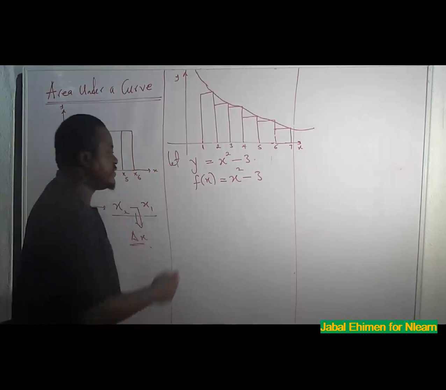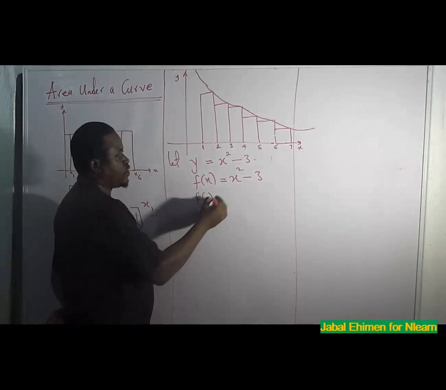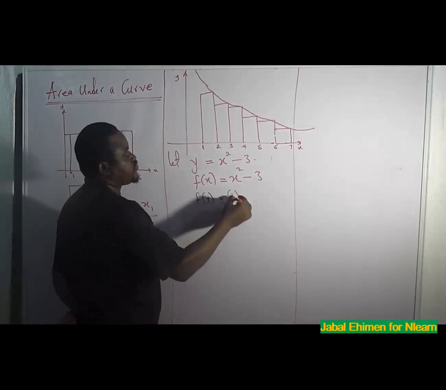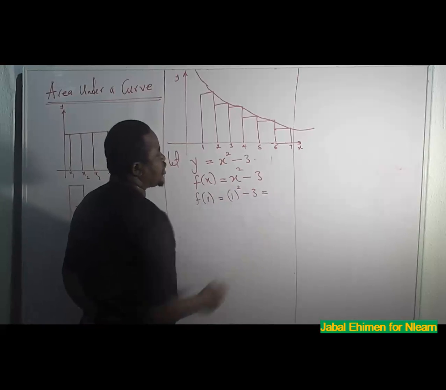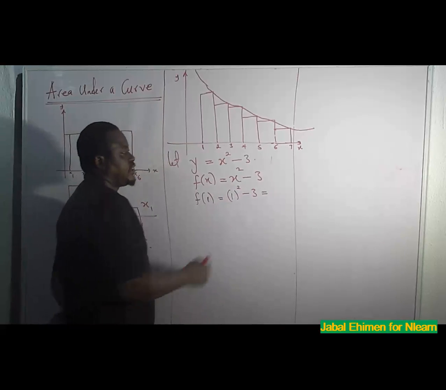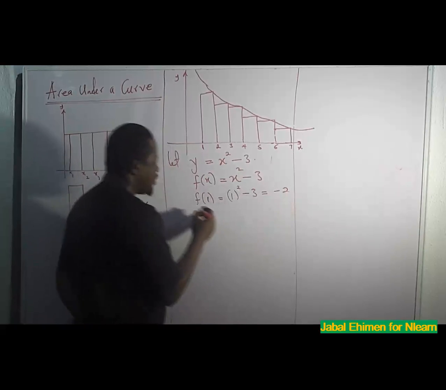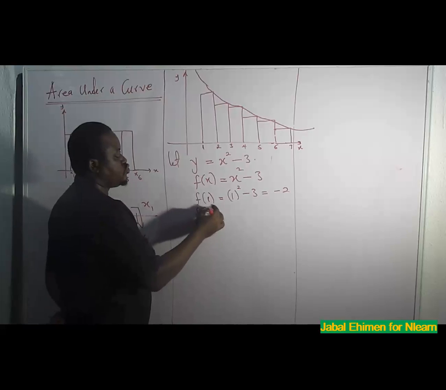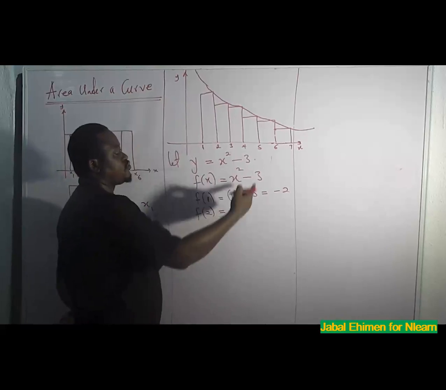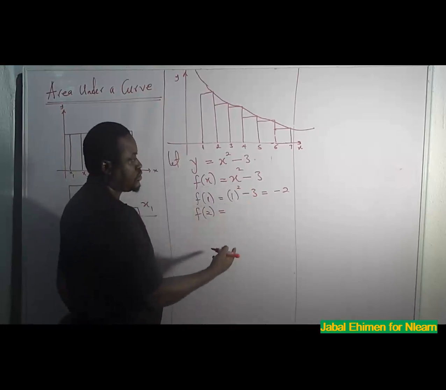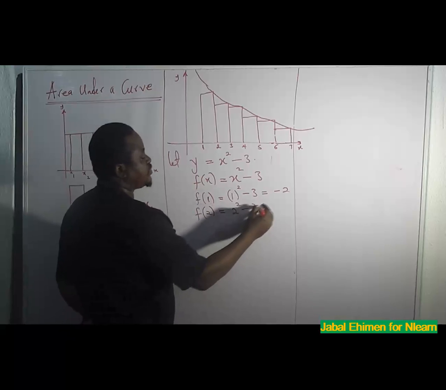You observe that for my value of f1, what I will get is 1 raised to power 2 minus 3, which gives me 1 minus 3, which is minus 2. If I get f2, it is 2 raised to power 2 minus 3, which is equal to 1.